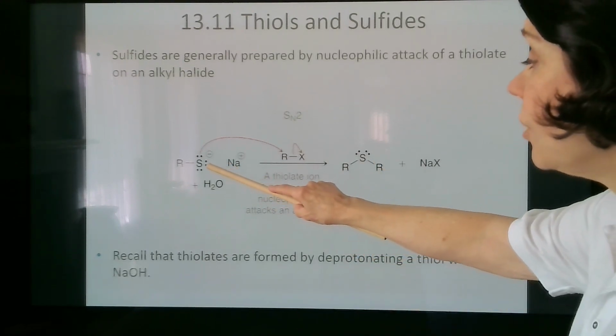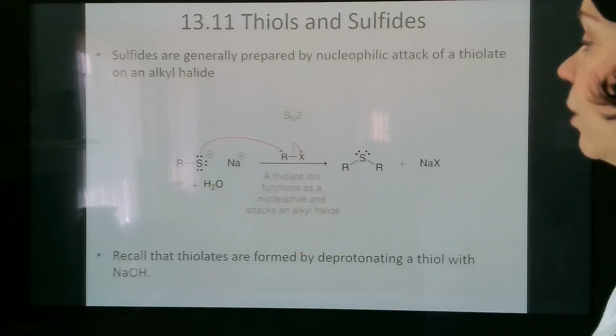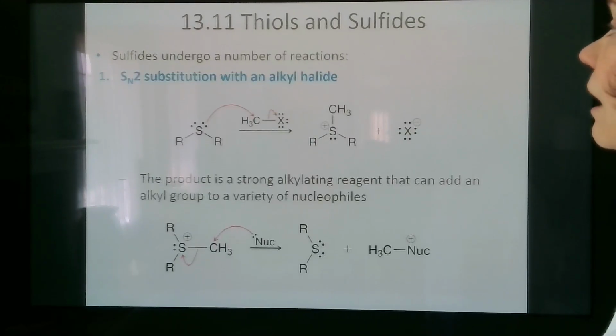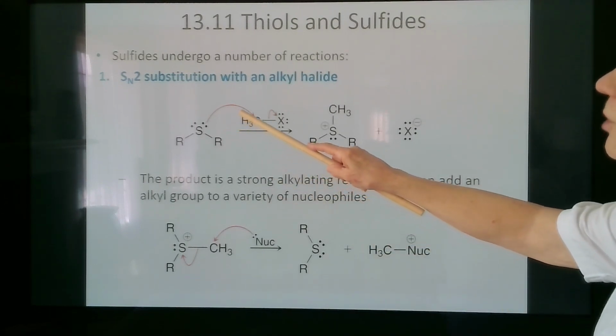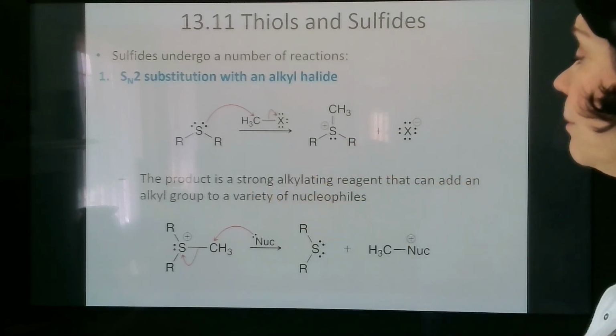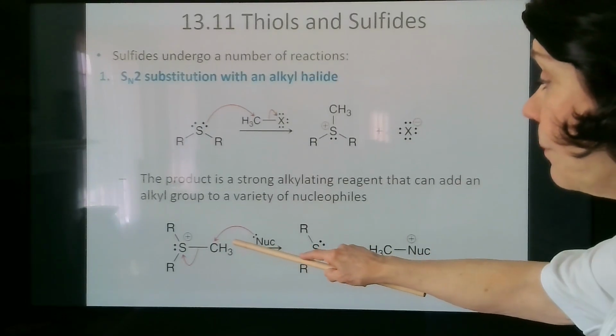And this, of course, is obtained by deprotonating the thiol with sodium hydroxide, as you saw earlier. Sulfides undergo a number of reactions. An SN2 reaction with an alkyl halide, and the product is a very strong alkylating reagent. You can add an alkyl group to a variety of nucleophiles.